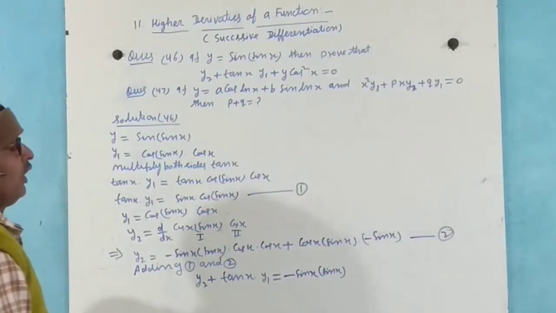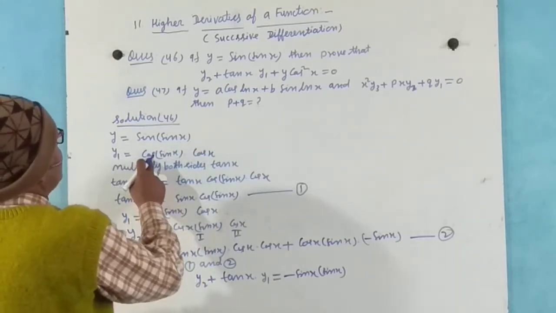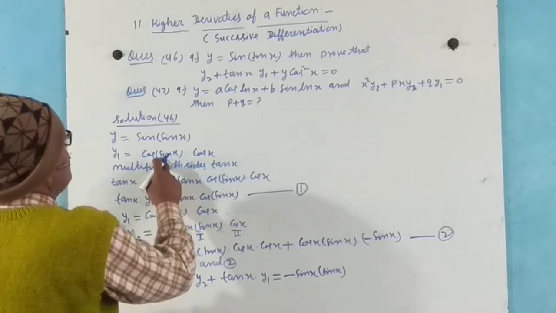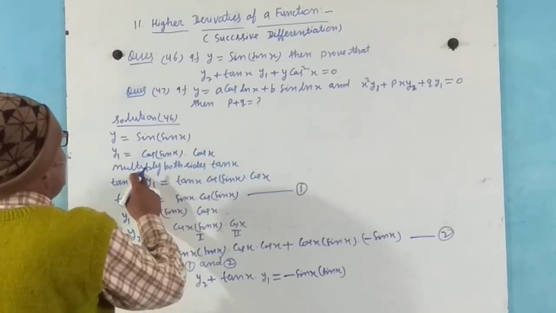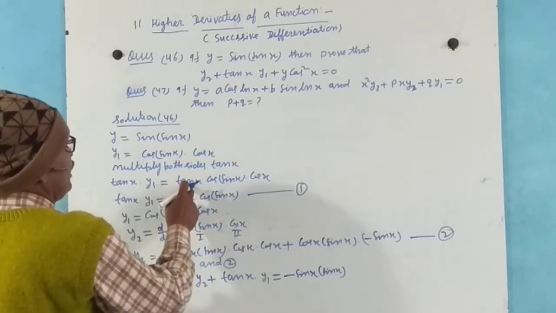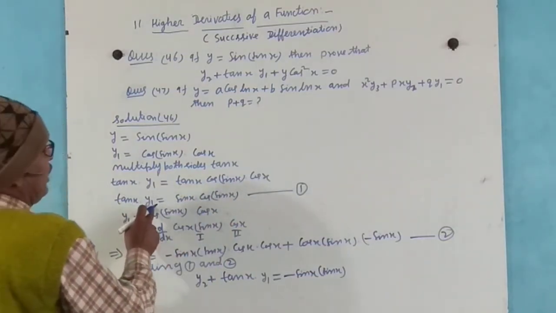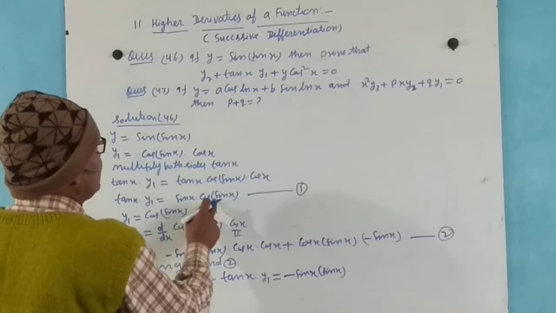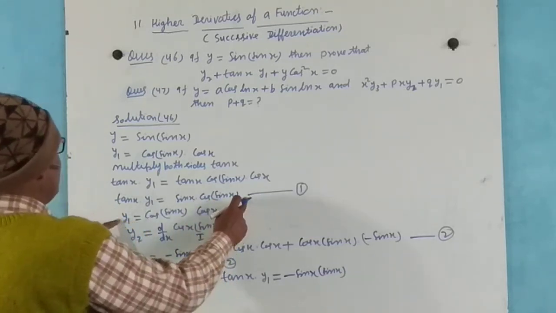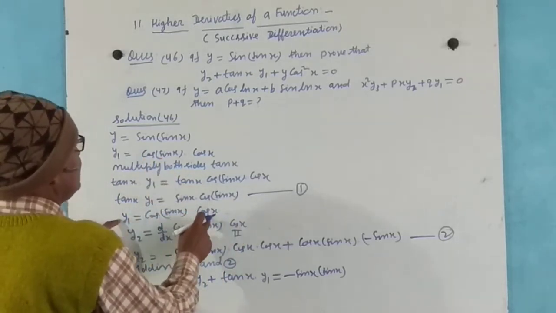Now again we see here y equals sin of sin x, y1 equals cos of sin x into cos x. Multiplying both sides by tan x, sin x by cos x cancels, so that tan x y1 equals sin x cos of sin x. And y1 again equals cos of sin x into cos x.